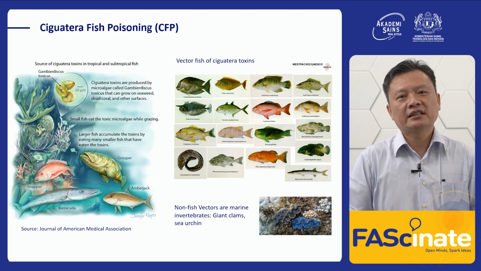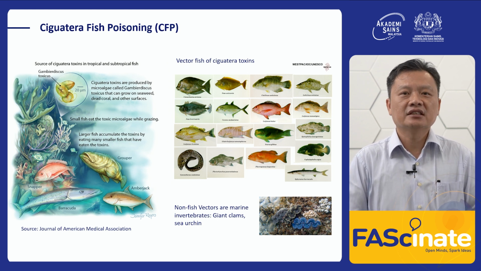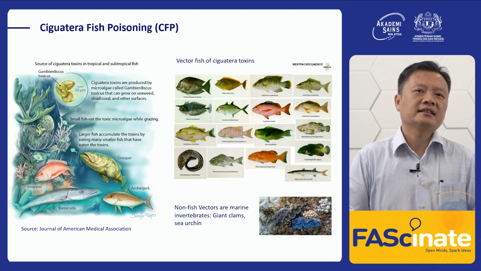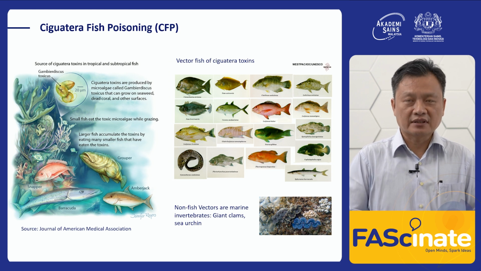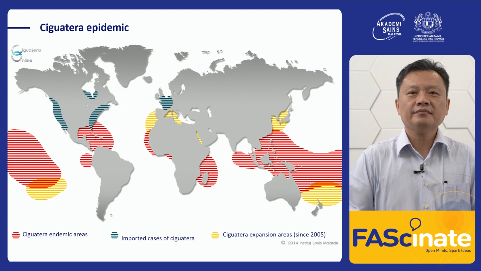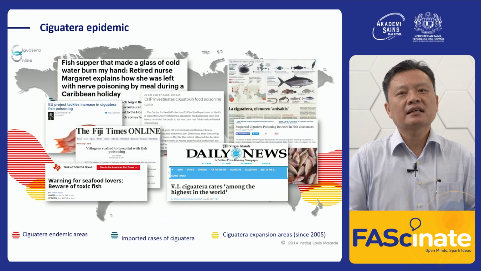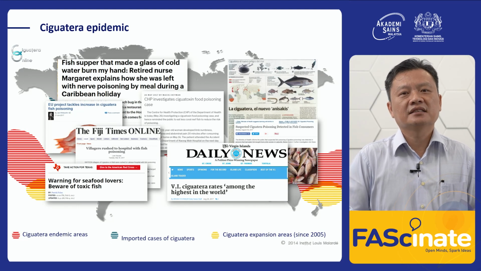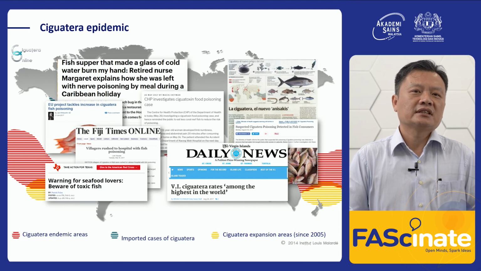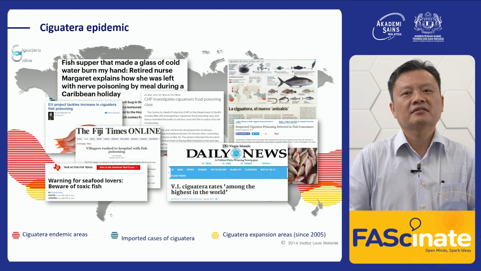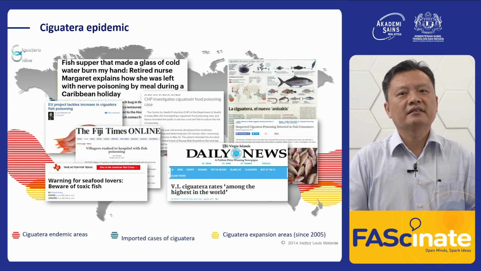Some marine invertebrates, including giant clam and sea urchin, were also previously reported as vectors of ciguatera fish poisoning. The compilation of newspaper cuttings here clearly highlights the severity of ciguatera fish poisoning. But this type of poisoning was not given enough attention in Southeast Asia until very recent years.